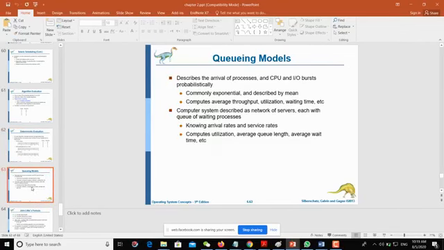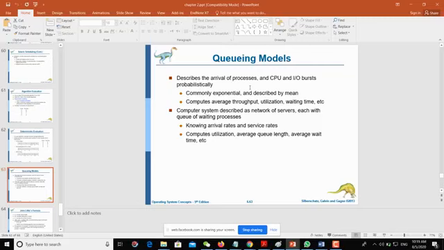We have queuing models, where we describe the arrival of processes and CPU and IO bursts probabilistically. In queuing models, we describe when a process arrives, and then the CPU and IO burst probabilistically.